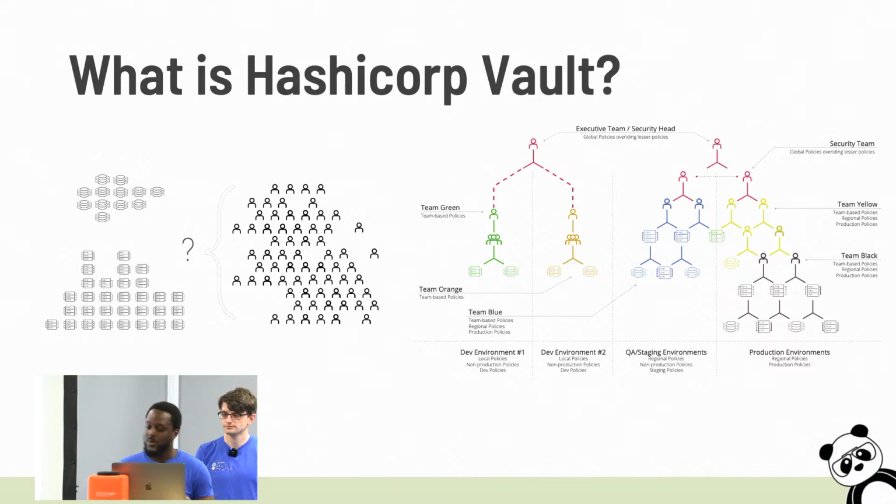Where Vault comes in as a solution would be where each team would have access only to their own secrets by having namespaces or Vault mounts that belong to each team. So that's where Vault actually solves the problem. It's not a case where you would be sharing passwords via emails or other unsecure ways, basically.